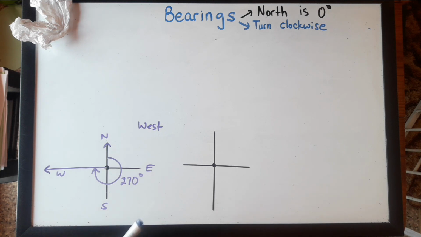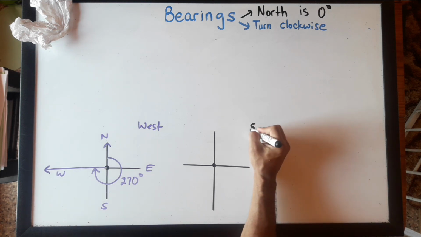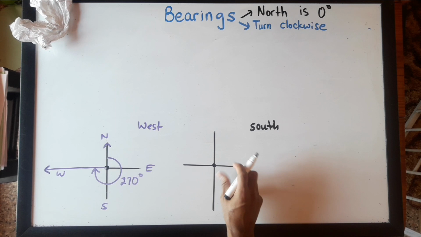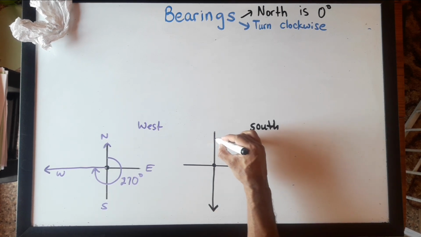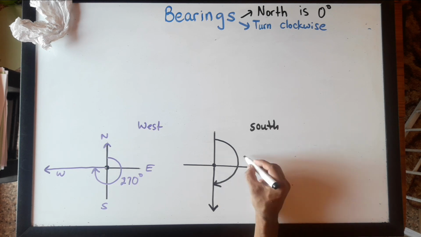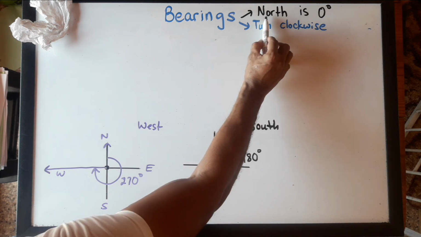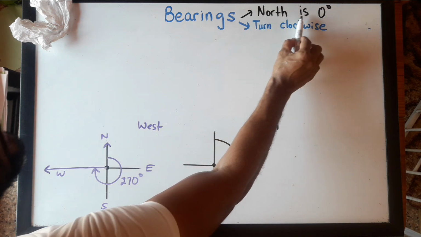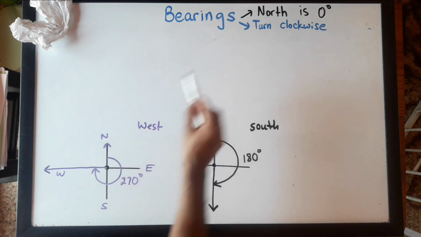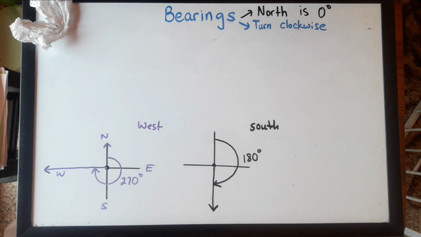If I tell the person to walk south, the person will just walk south, meaning that this entire angle is 180. All right, so remember, bearings is always measured from north, and north is 0 degrees. And the only direction you are allowed to turn is clockwise.